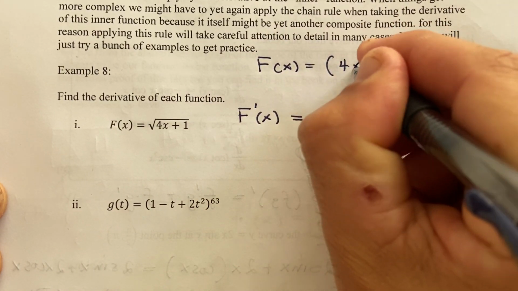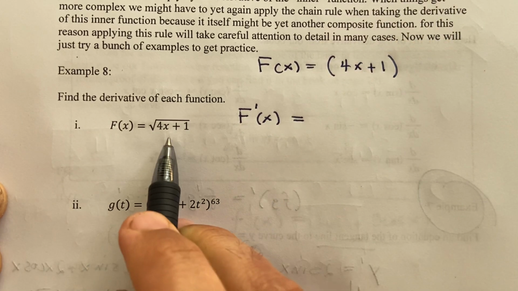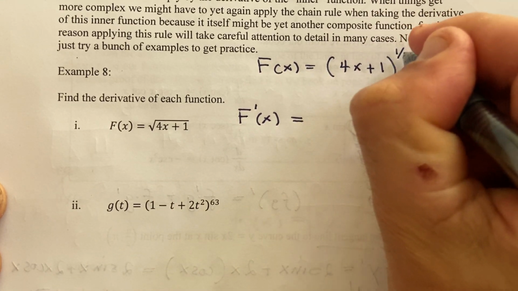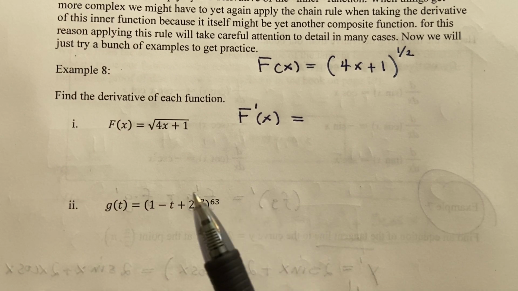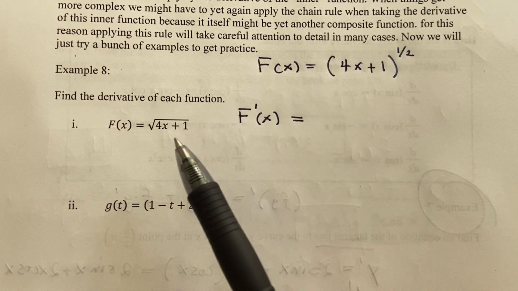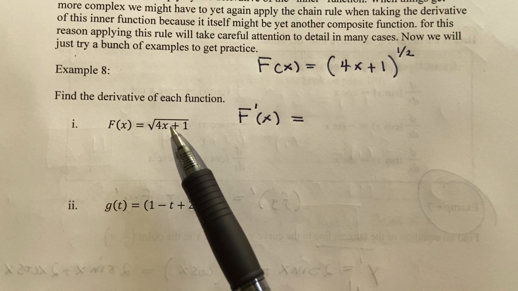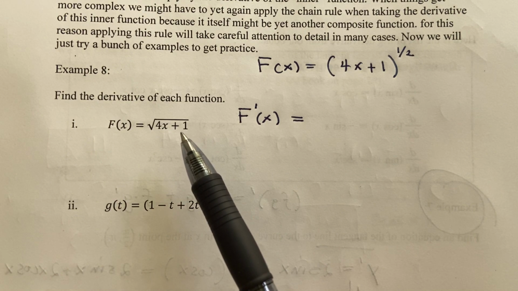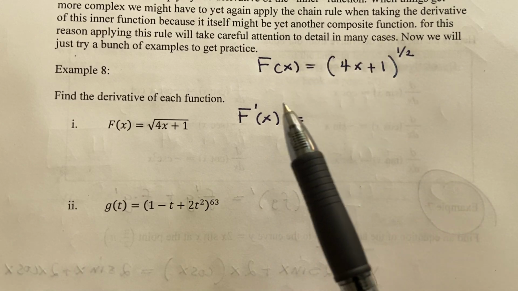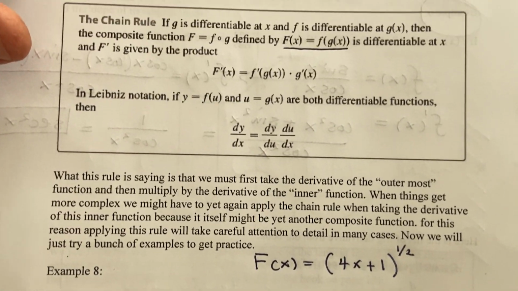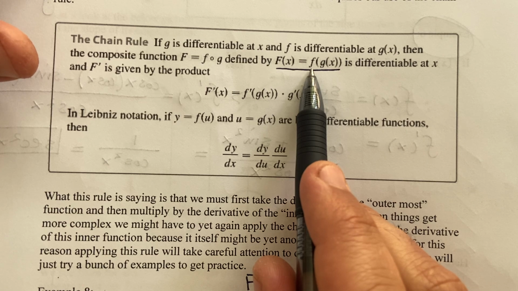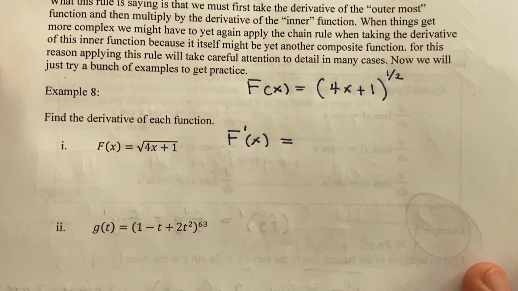So if you have 4x plus 1, and then the square root would be the same as the positive 1/2 power. So the outer function is that square root function, right? Inside of that square root function, we have a linear function. So the outer function, in other words, this lowercase f, would be this square root in this case.